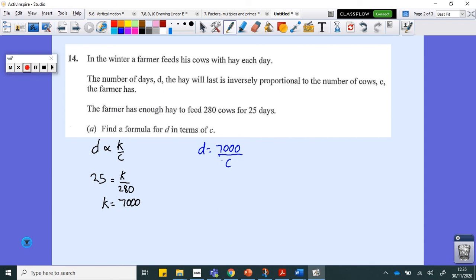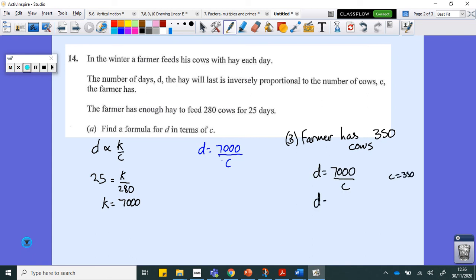For the second part, part B, I'm not copying it over, but I'll just tell you now: the farmer has 350 cows. How many days can he feed all these cows with hay? Well, I start with my formula, 7,000 over C, and C is 350.